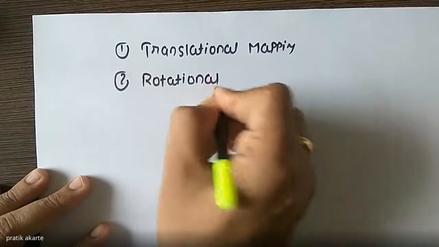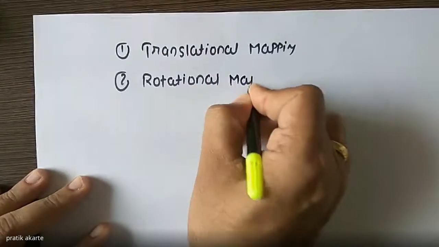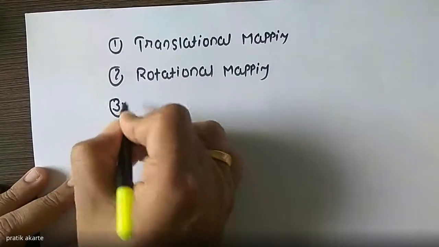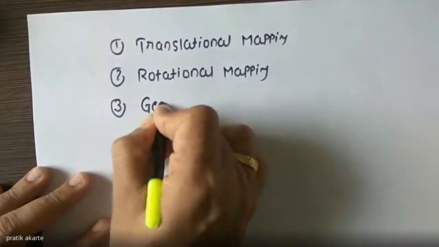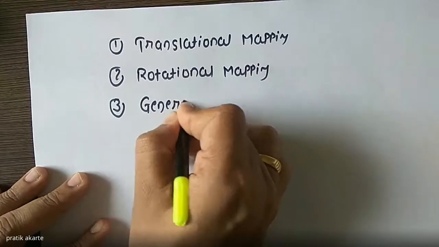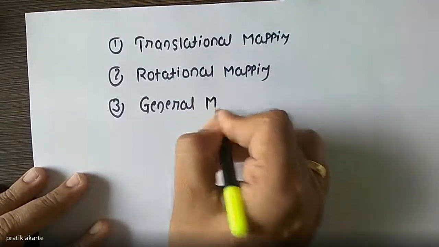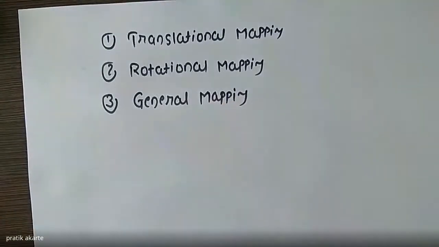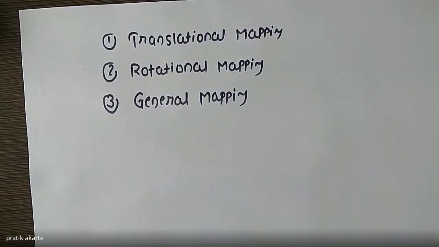Second is rotational mapping. And third one is general mapping. Okay, so there are three types of mapping: translation, rotation, and general mapping.